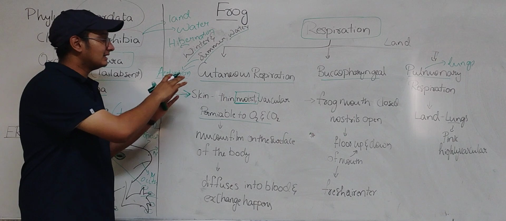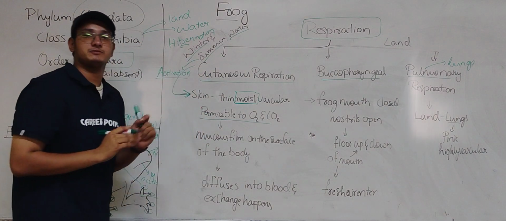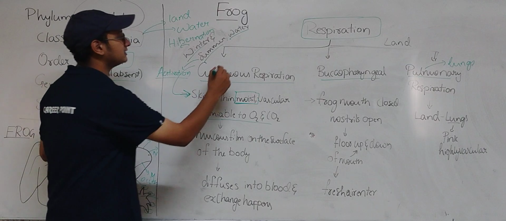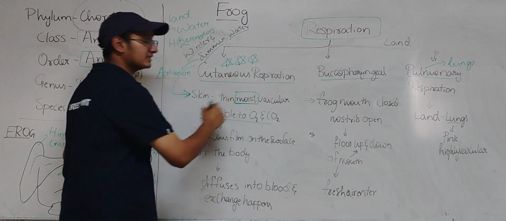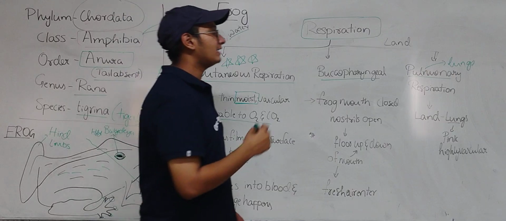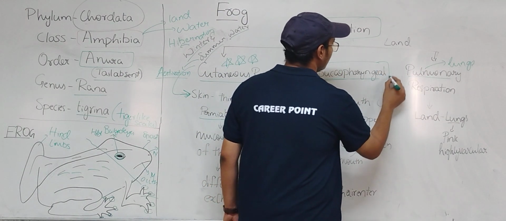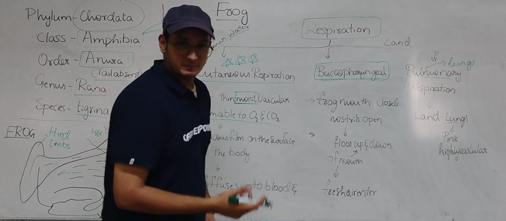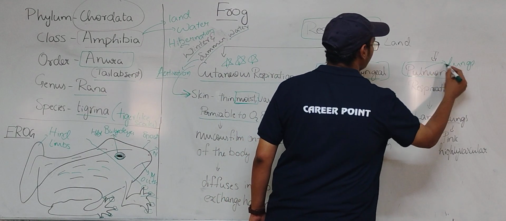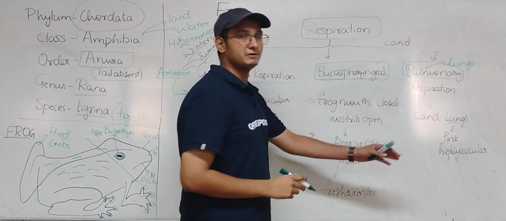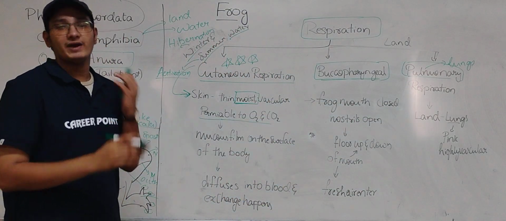During this phase, the frog respires through skin, called cutaneous respiration, and here cutaneous respiration is very, very important for frog. That's why skin should always be moist. When it is on land, the respiration happens through bucopharyngeal respiration or also by pulmonary respiration, which means pulmonary respiration happens through lungs and bucopharyngeal respiration happens through the bucopharyngeal cavity.